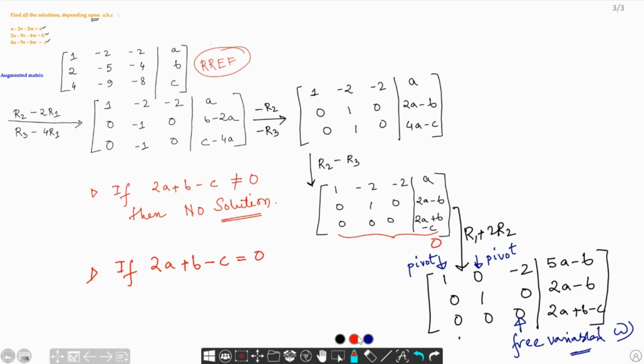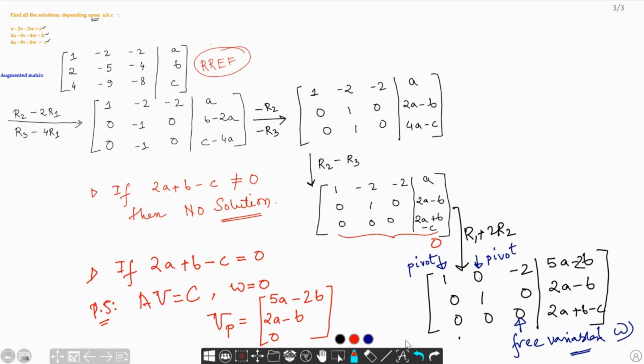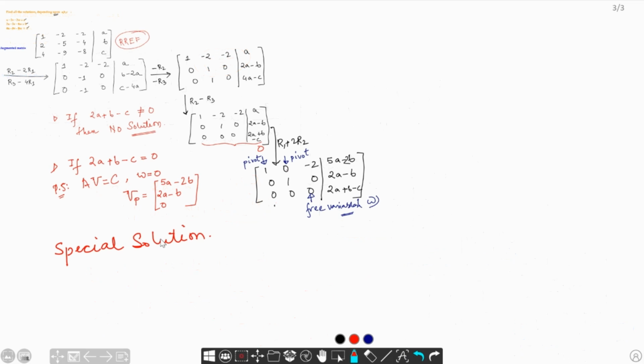You know, we have two kinds of solution in this case. One kind is a particular solution, which solves this Au equals c. There's only one of them, and we get it by setting the free variable w equal to 0. So this is our particular solution. And the next kind is the special solution, okay?